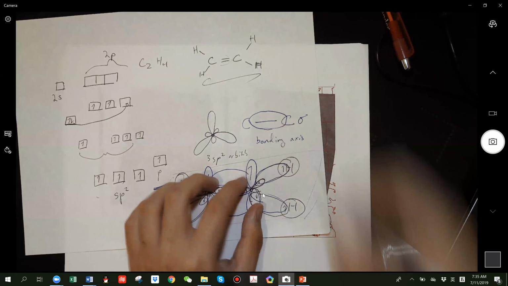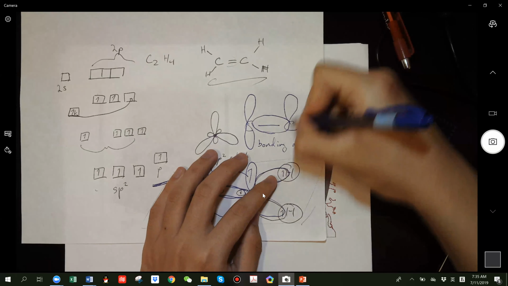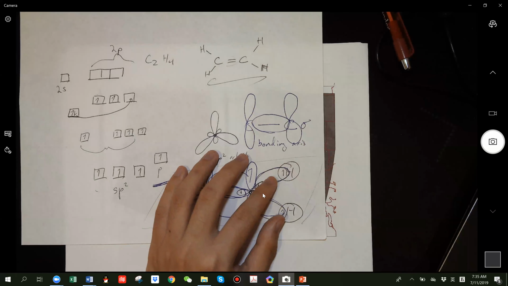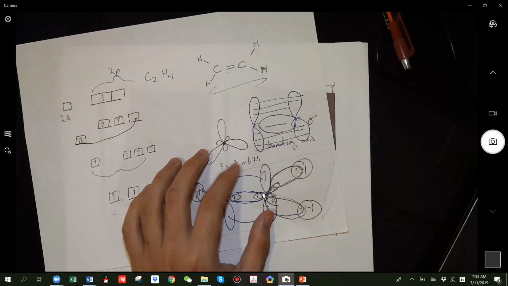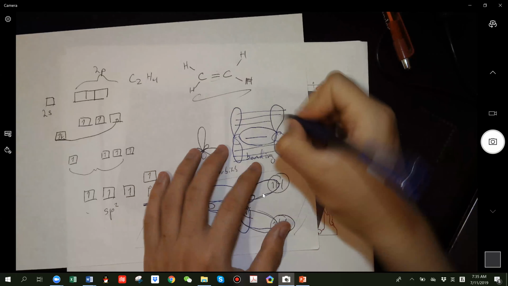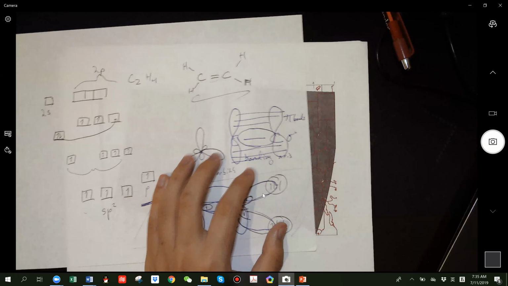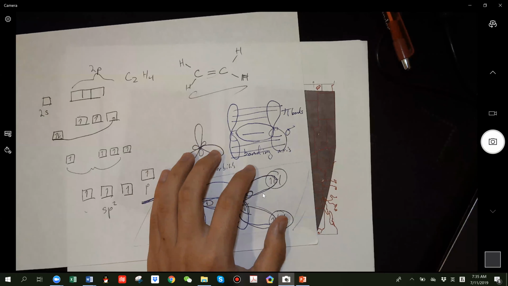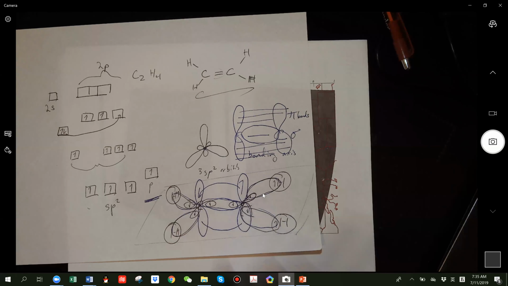But the p orbitals extend above and below the bonding axis, so their region of overlap is not on the bonding axis. So we call these pi bonds. So this is where we get the whole sigma and pi bond thing.